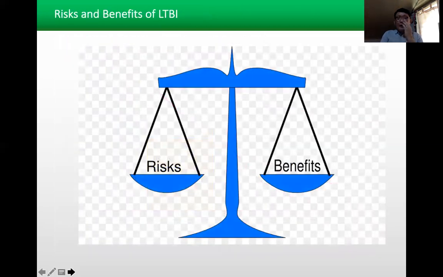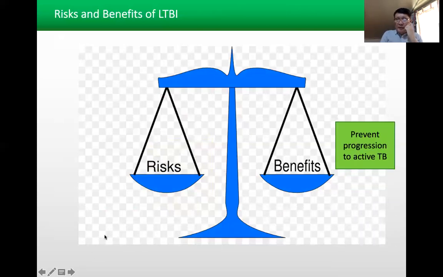So there are risks and benefits of LTBI treatment actually. Okay, so what are they? The benefit of doing the TPT is that it will prevent the progression to active TB. As already mentioned, if LTBI is not managed properly, sooner or later they will progress to active TB, and this will add even more to our TB incidence.